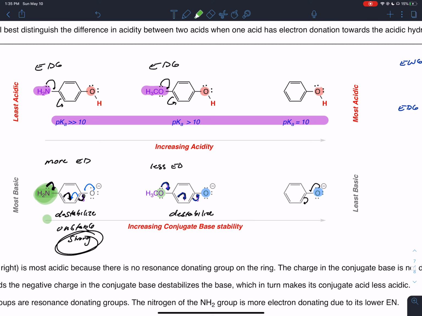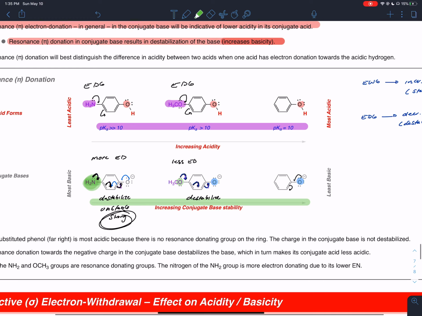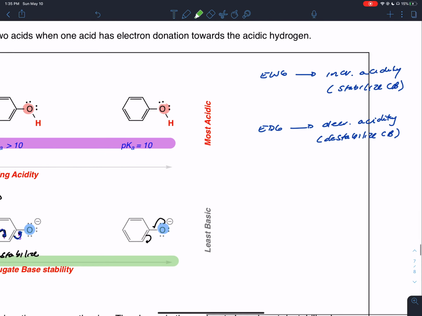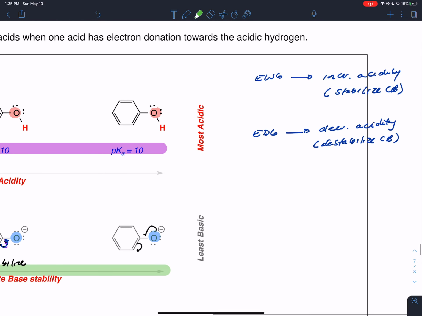So as we go from left to right here, we have increasing conjugate base stability. And in this comparison, it's a function of this molecule not having the electron donating group, and this is the least stable because it has the strongest, most effective resonance donating group. So really articulate this to yourself, okay? This idea of electron withdrawal and electron donation, they are flip sides.